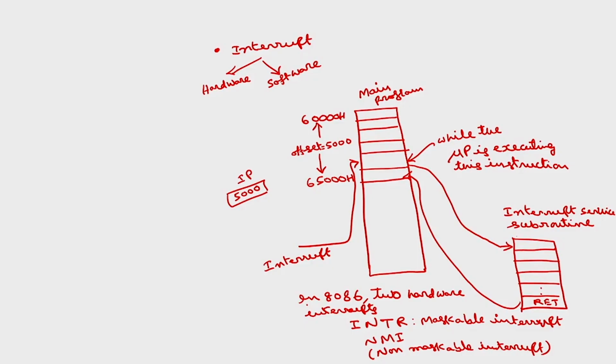Even if you want to execute some emergency program here, NMI can be used to interrupt the microprocessor, and it can force the microprocessor to execute the interrupt service subroutine. That is the difference between maskable and non-maskable. Maskable means it can be disabled, NMI means it cannot be disabled.